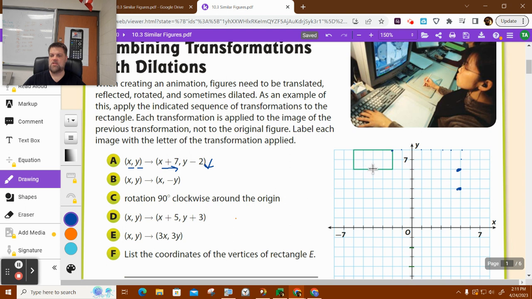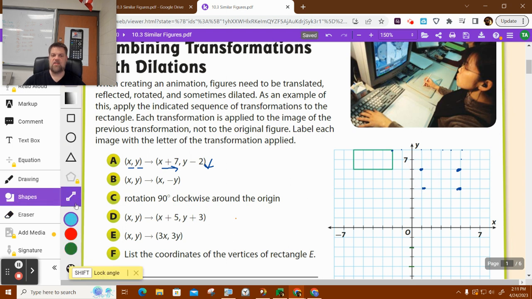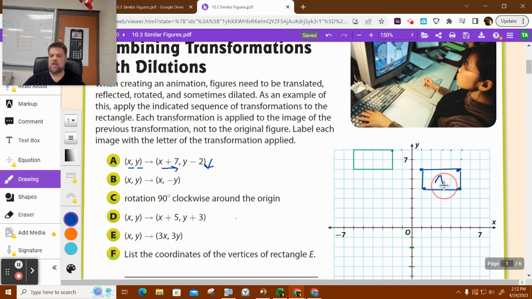I'm going to go over 1, 2, 3, 4, 5, 6, 7. And then I'm going to connect the dots, and that's my first translation. So that is transformation A.